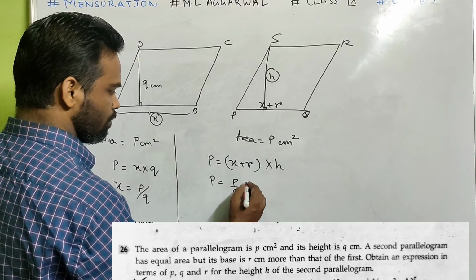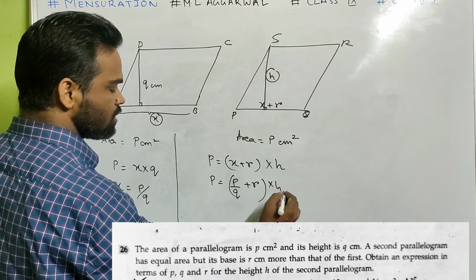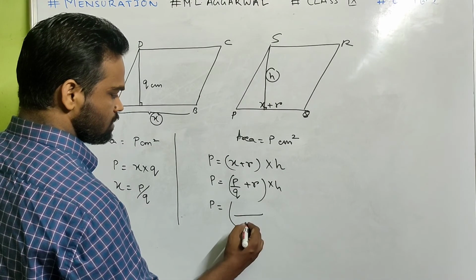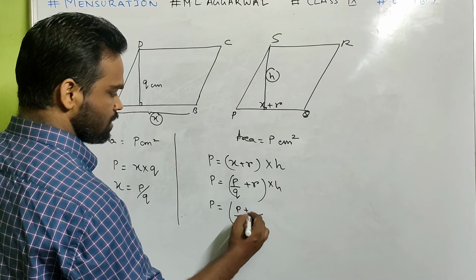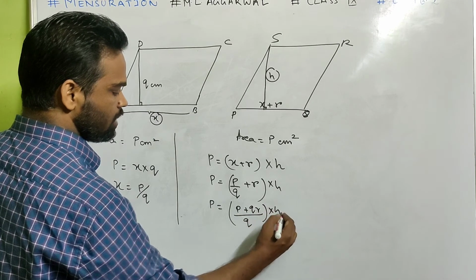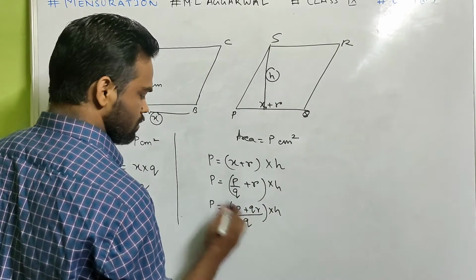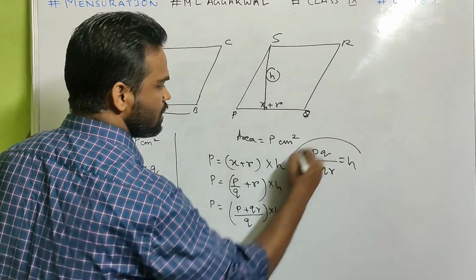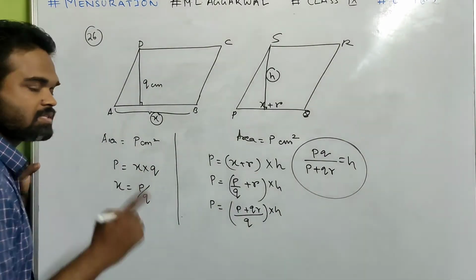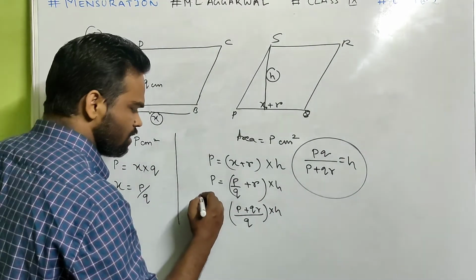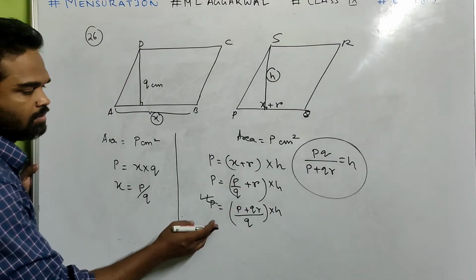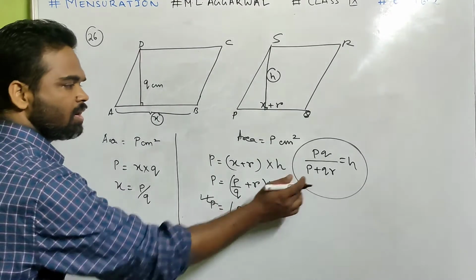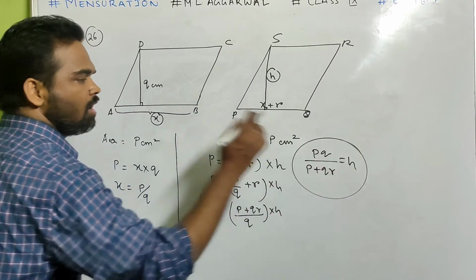P by Q plus R into H. If I take LCM, then P plus QR into H. So Q goes over here, PQ by P plus QR is equal to H. I have made H the subject. Q goes over here, P plus QR comes down. So H is this. So this will be the relationship between P, Q, H and R.